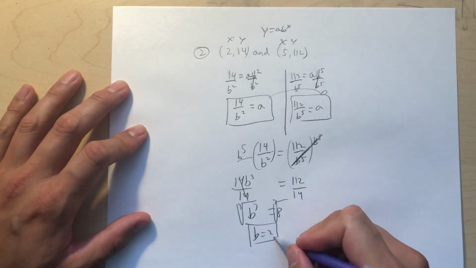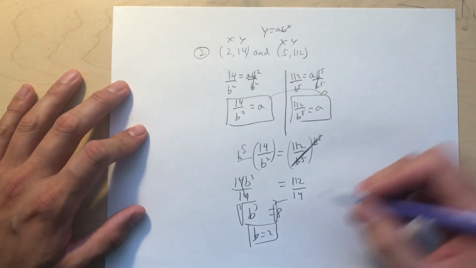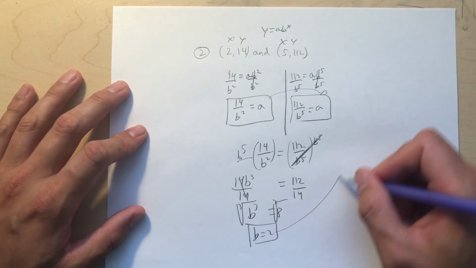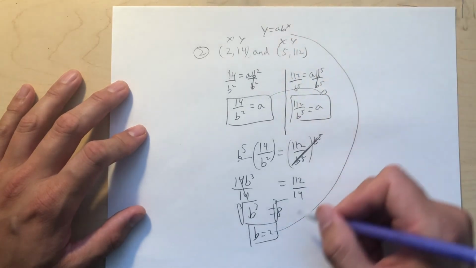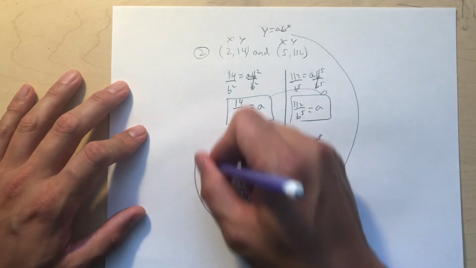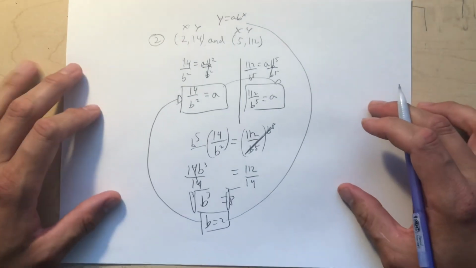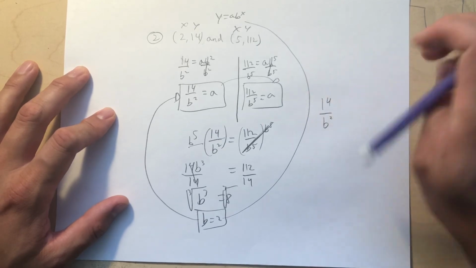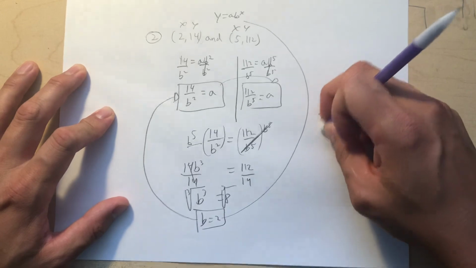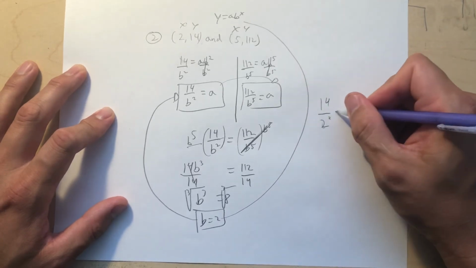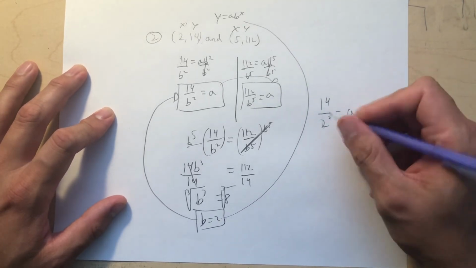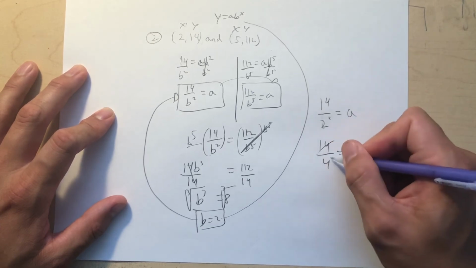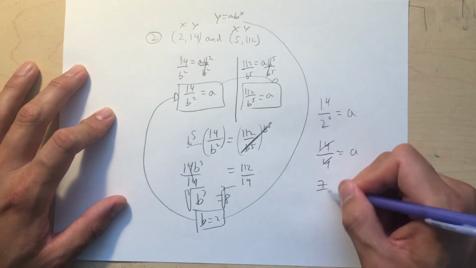I found my B, and now I plug it back in to find my A. So 14 over 2 to the second is equal to A. 2 squared is 4, so 14 over 4 is equal to A, and reducing that will give me 7/2.